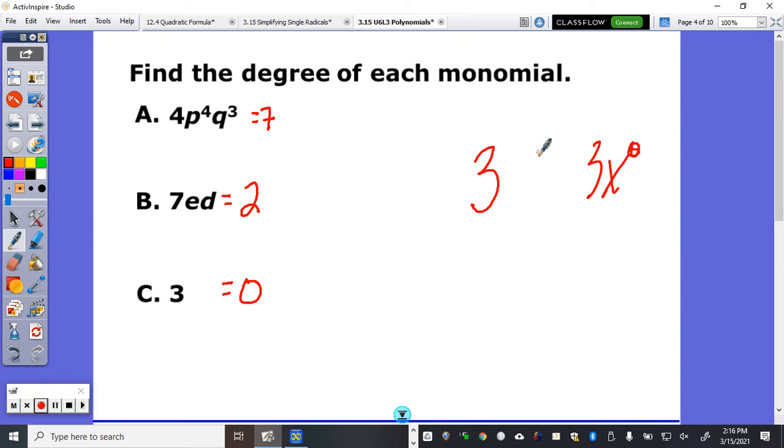Is 3 the same thing as 3 times x to the 0 power? Yeah, it absolutely is, because x to the 0 power is 1. So it's like saying you have a variable here with a 0 exponent. But we'll just say that if we don't have any variables, the degree is 0.